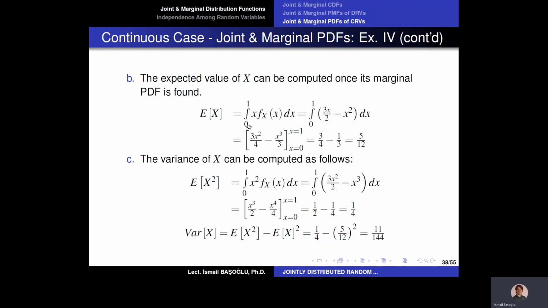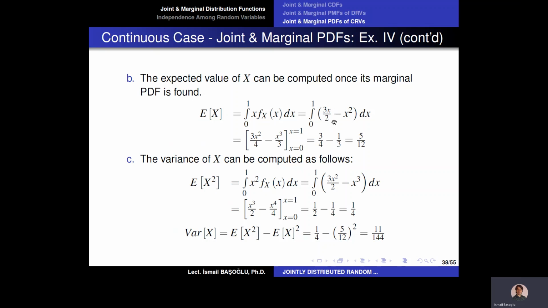That random variable is supposed to take values between 0 and 1. Therefore, we integrate this integrand from 0 to 1. When you multiply the PDF with x, you get 3x/2 minus x squared, integrated from 0 to 1. The integral is calculated as 3x²/4 minus x to the power 3/3.